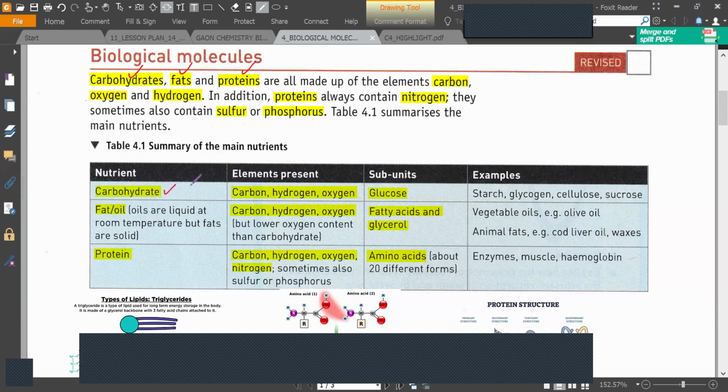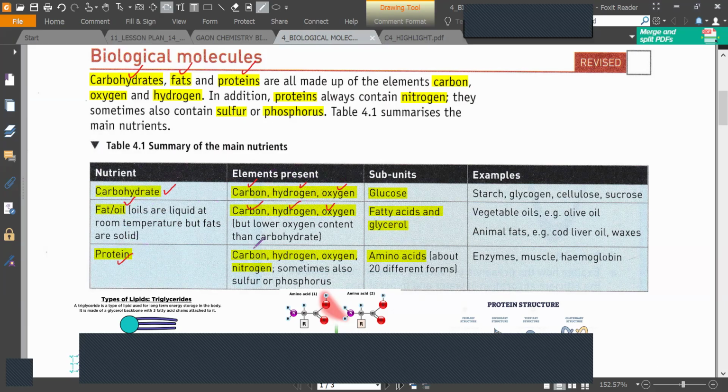Okay. So carbohydrate is made of carbon, hydrogen, oxygen. So we know these are present in the periodic table. And then fats and oils, they are also made out of carbon, hydrogen, oxygen.